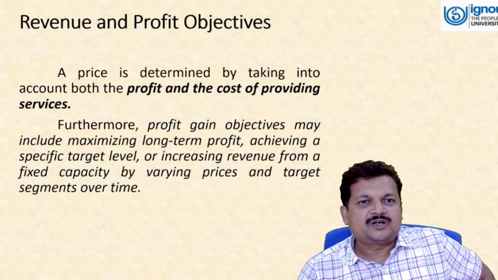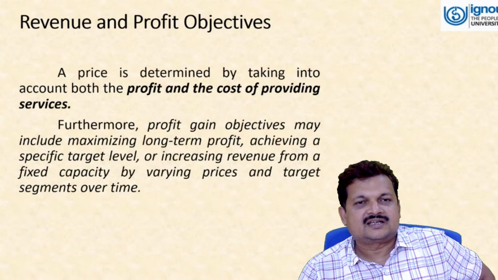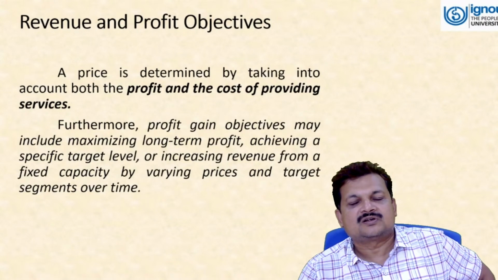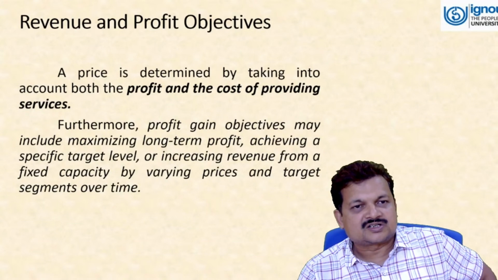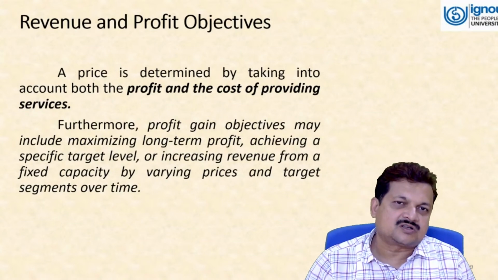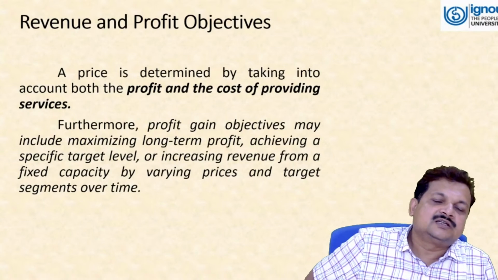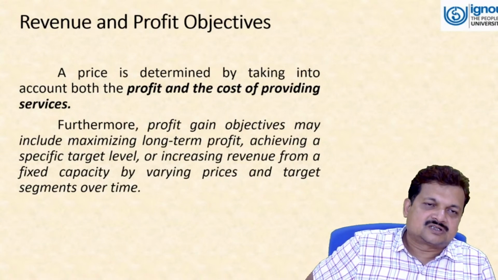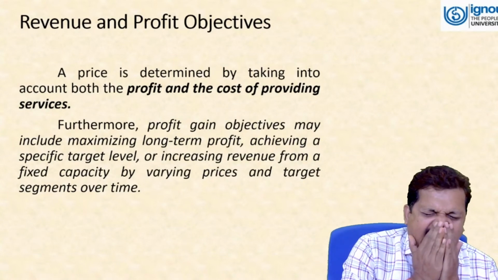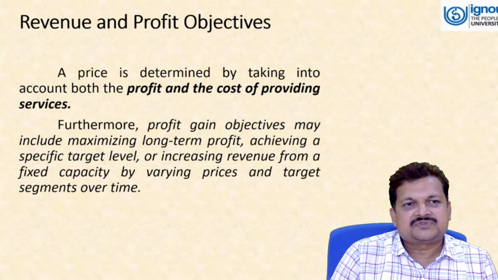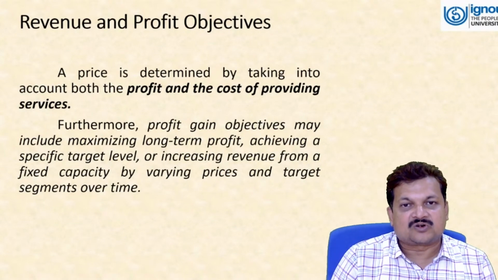The revenue and profit objectives: a price is determined by taking into account both the profit and the cost of providing the services. Like if you are selling a particular laptop to somebody, along with a 1 year warranty, that cost is already paid by the customer. Within 1 year, if any problem occurs with your laptop or computer or any durable item, the services will be free of cost.